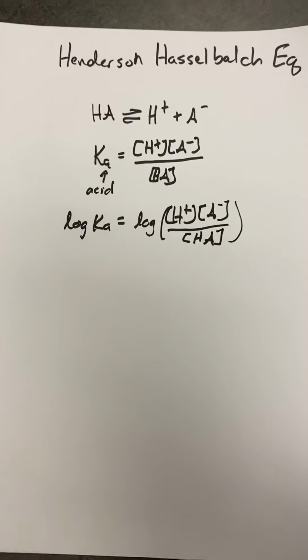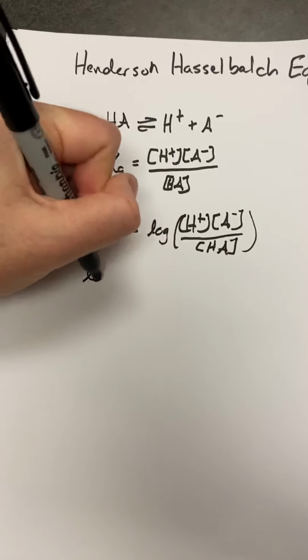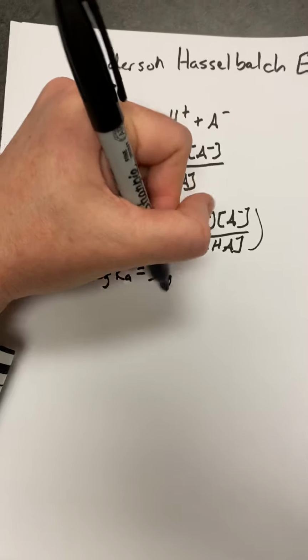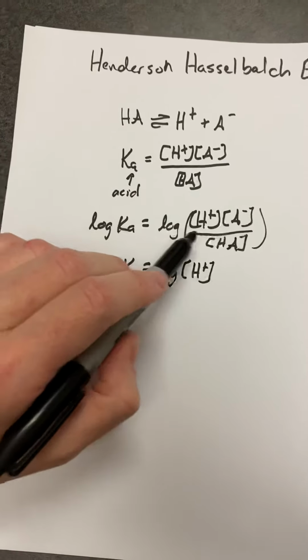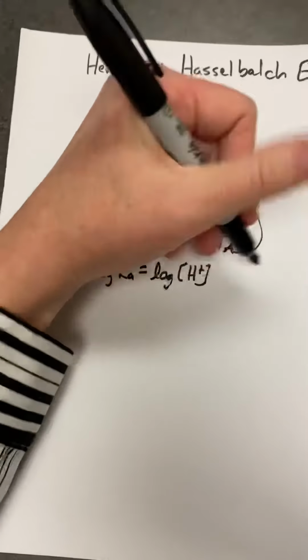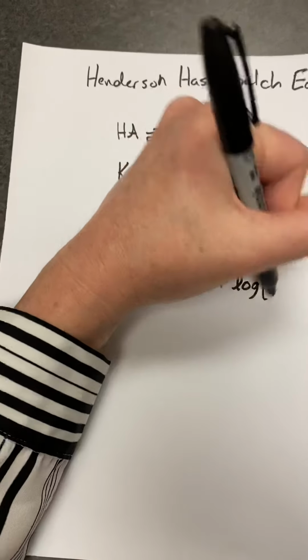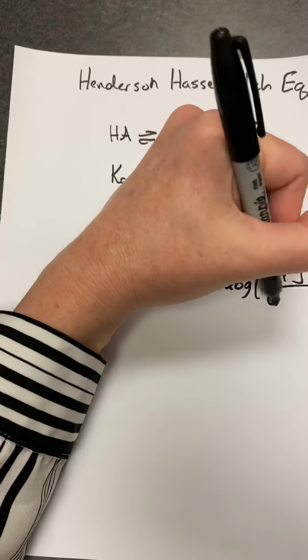Now we can separate this even further and break off just the H plus, and we'll see why in a little bit. Anytime you have a log of something times something over here, essentially you add them together. So I have log of H plus the log of the A minus over the HA.